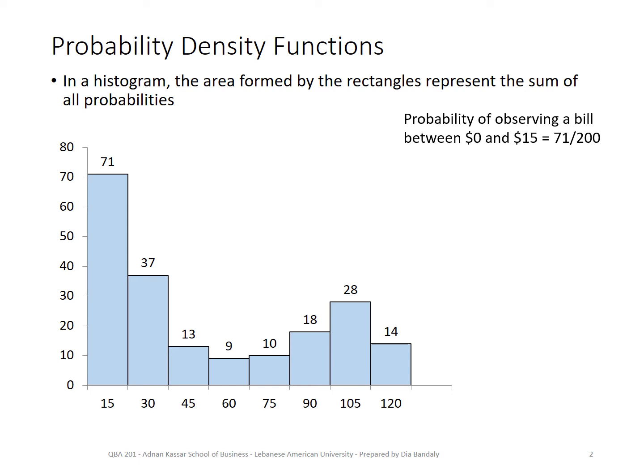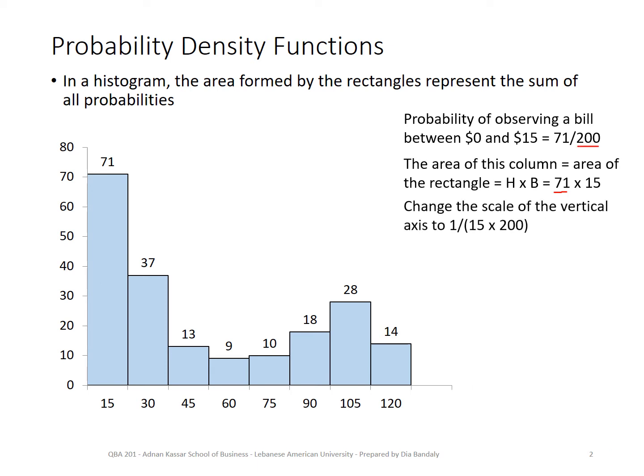So let's look at the area of that rectangle. The area of a rectangle is equal to the base times the height. So for the first column, it's equal to 71 times 15. As I mentioned before, I have the 71, but I don't have the 200 yet. So what can I do?